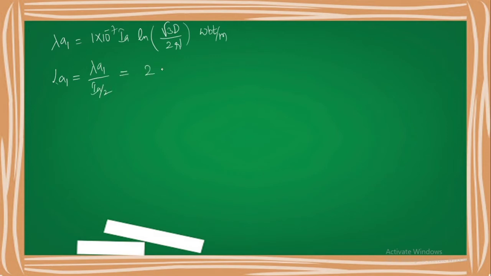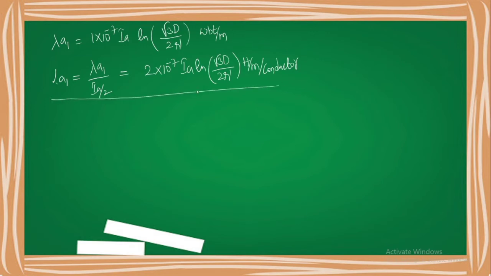So what you will get now is 2 times 10 power minus 7 times IA into ln of root 3 d divided by 2 R dash Henry per meter. It is not inductance per phase, it is the inductance per conductor. That is the reason why I have represented this as LA1.